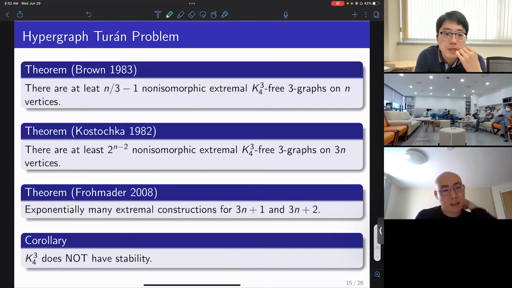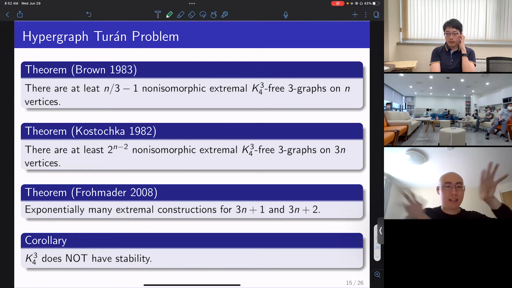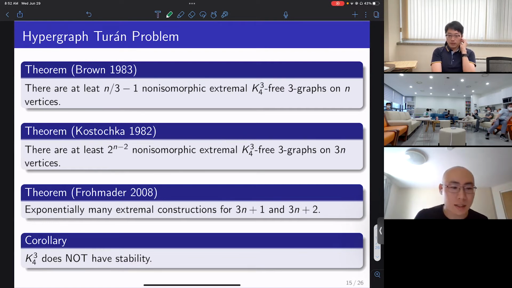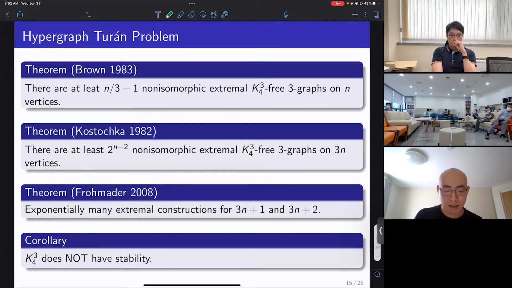So a corollary of this result is that K4 cannot have the stability property, because you have exponentially many non-isomorphic extremal constructions. So it certainly has no stability. So maybe that's the reason why it's so hard to solve this tetrahedron conjecture.